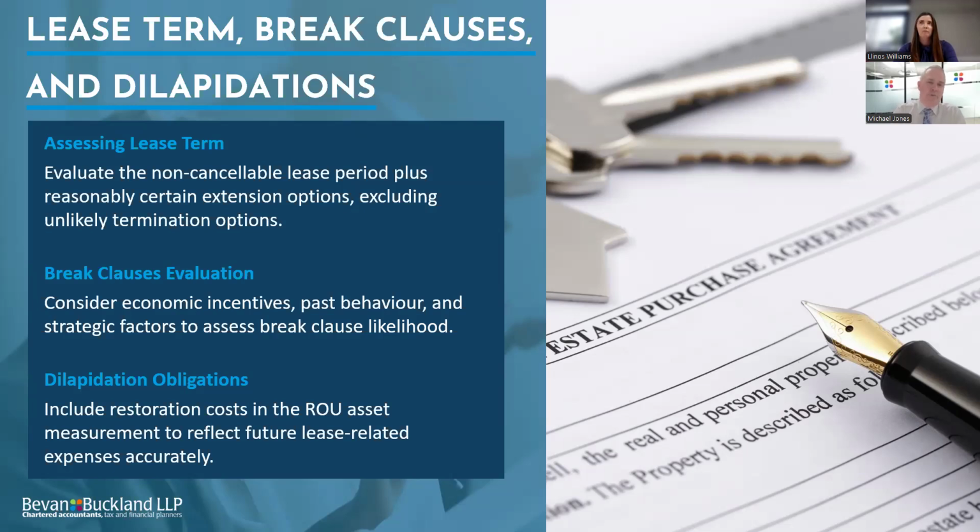If it's the other way around, whilst there's a break clause, it's actually triggered by the lessor instead. You can only go by what the terms are in the lease rather than what your expectations are, especially for an extension.